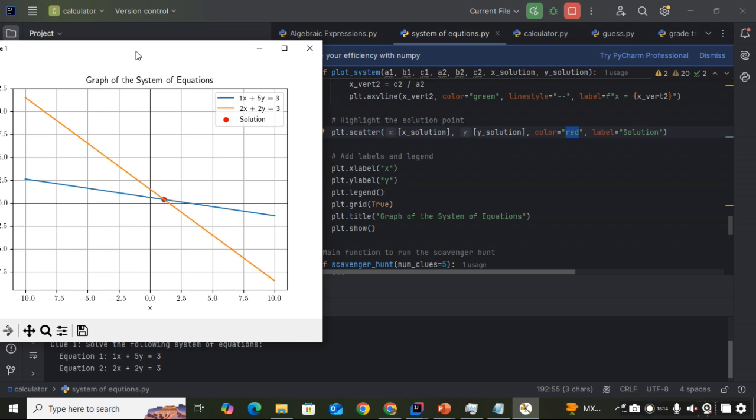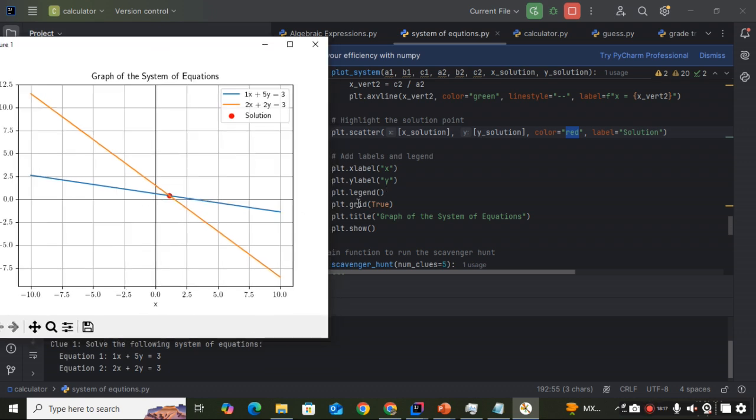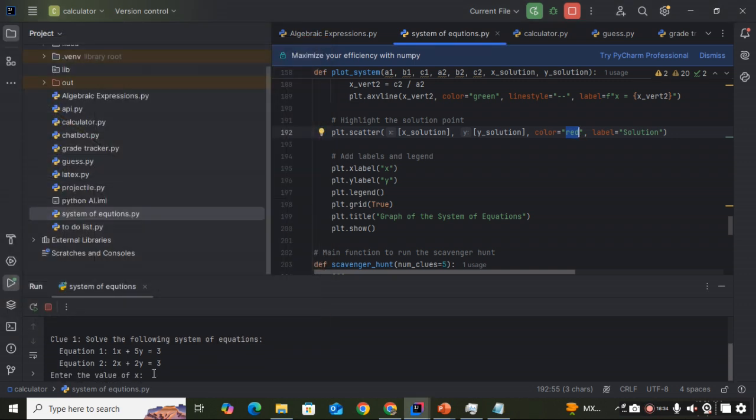We plot the legend, and we set the grid to true. As you can see, there are grids here, and then we have the title, graph of the systems of equations, and then we try to show everything.